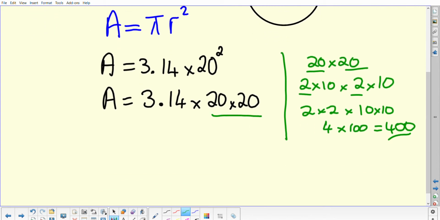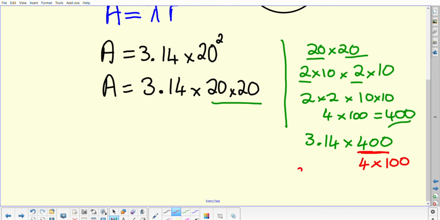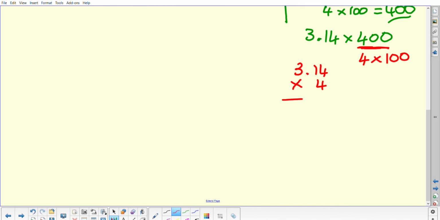So we're trying to do 3.14 times 400. Now the easiest way to do that is to split this up again and think about the 400 as being 4 times 100. So I would expect to see working for this with your 3.14 times 4 written up and down the way like that. So you're going to have 4 times 4, 16, 4 ones are 4 plus that one's 5, 4 threes are 12.